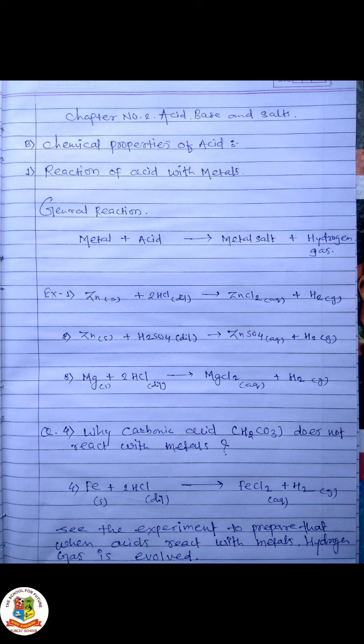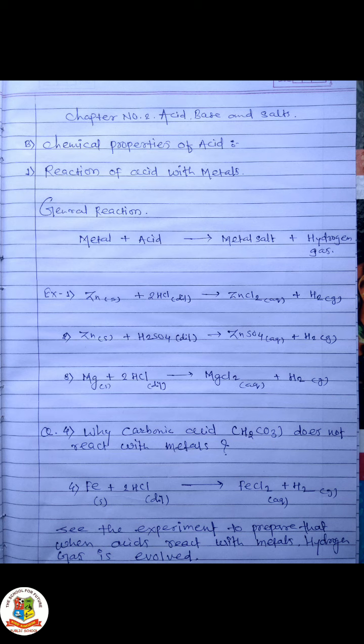Now we have the third example, where we change the metal. In the third example, magnesium reacts with hydrochloric acid and gives magnesium chloride plus hydrogen gas.